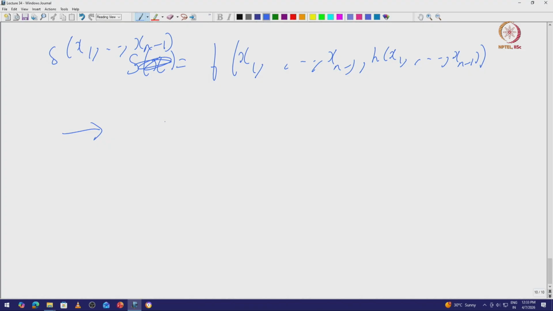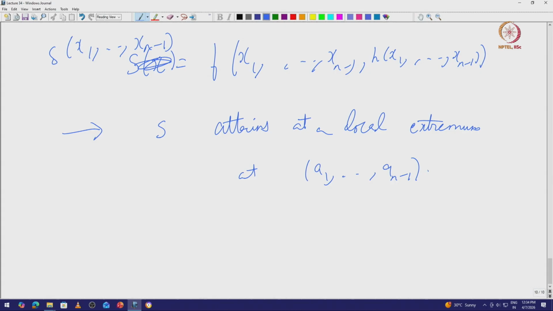This function s attains a local extremum at this point. Why does it attain a local extremum?